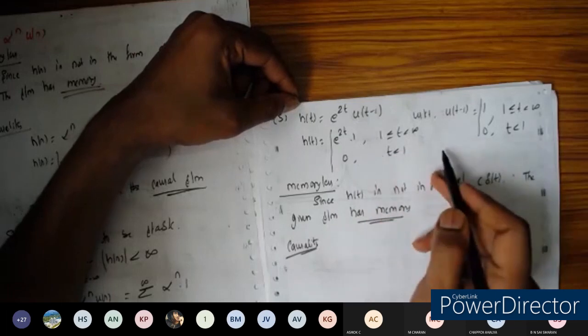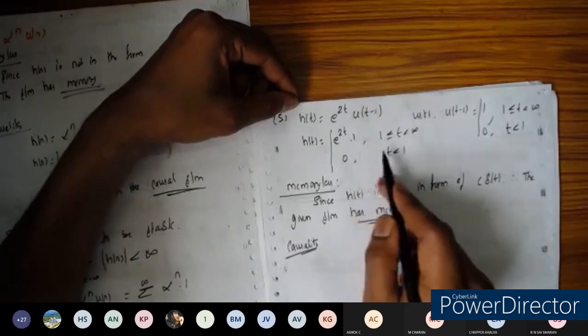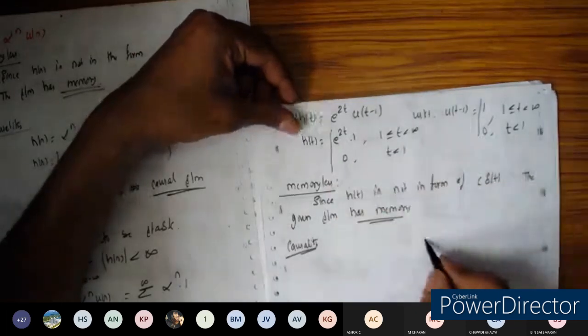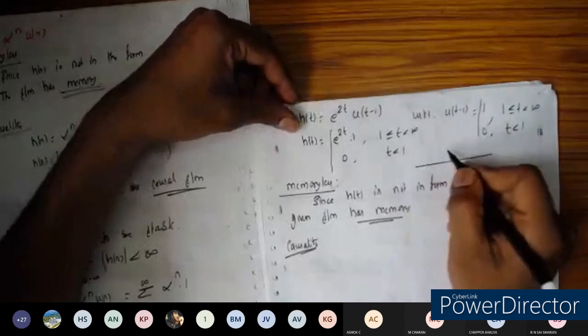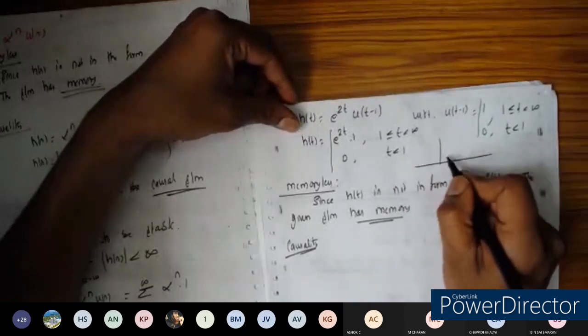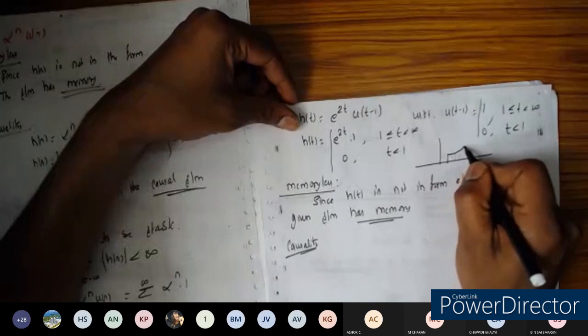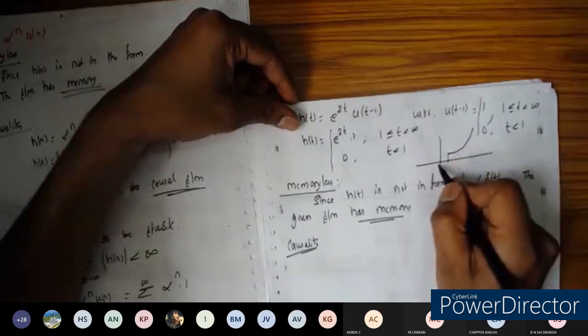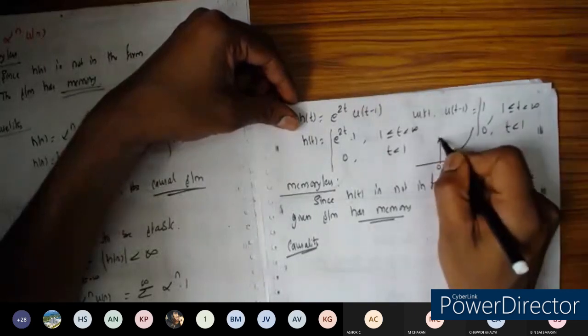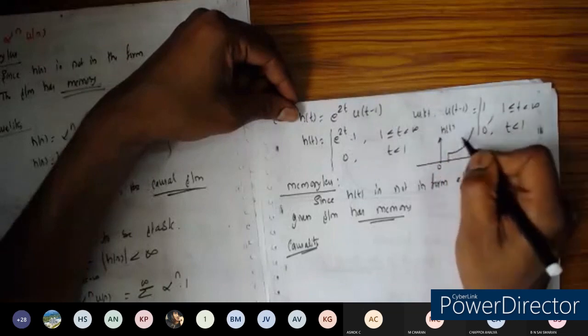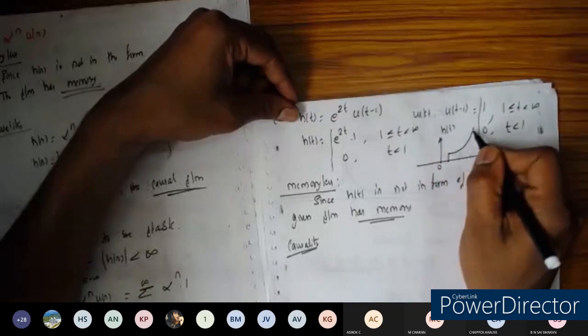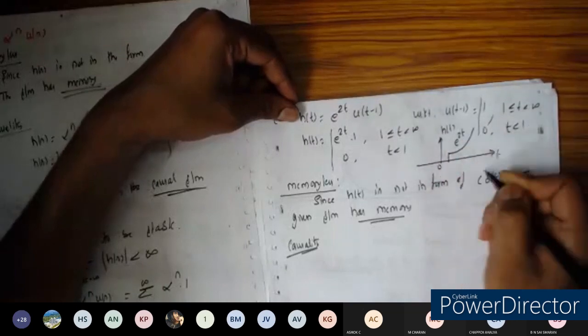Okay, so for a causal system, it should be equal to 0 for t less than 0. So the signal will be something like this. At t is equal to 1, the signal will be exponentially increasing like this. So this is t is equal to 0, and this is h of t. From here it keeps on increasing as e to the power of 2t.